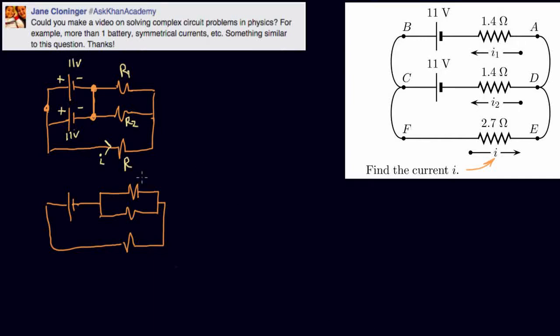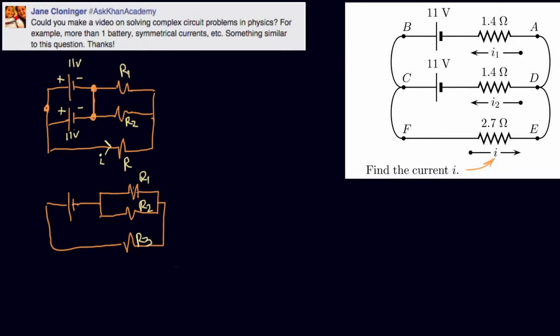Okay, this is R1, this is R2, and this is R3. So this circuit looks a little simpler. I'm going to look at it again, see if I can do any more simplification.